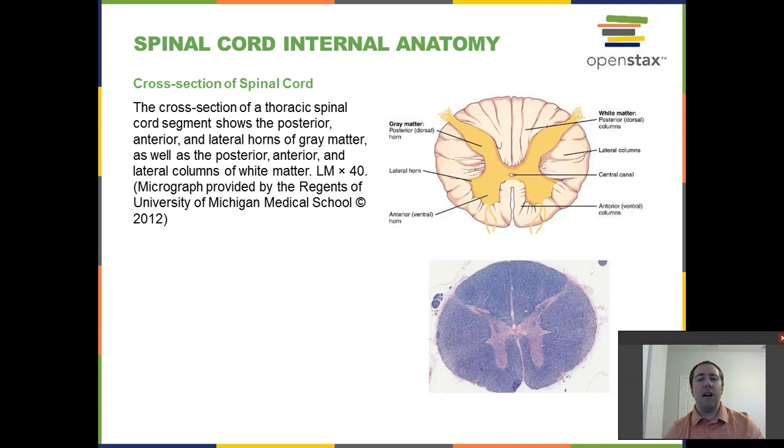The reason we give that one its own name is because it's only present in some parts of the spinal cord. The rest of it is there the whole way up, and so it's part of the anterior horn. Rather than saying that the shape of the anterior horn changes as we go up and down, we just say that in some parts of the spinal cord, in basically the middle, there's an extra little lateral horn.